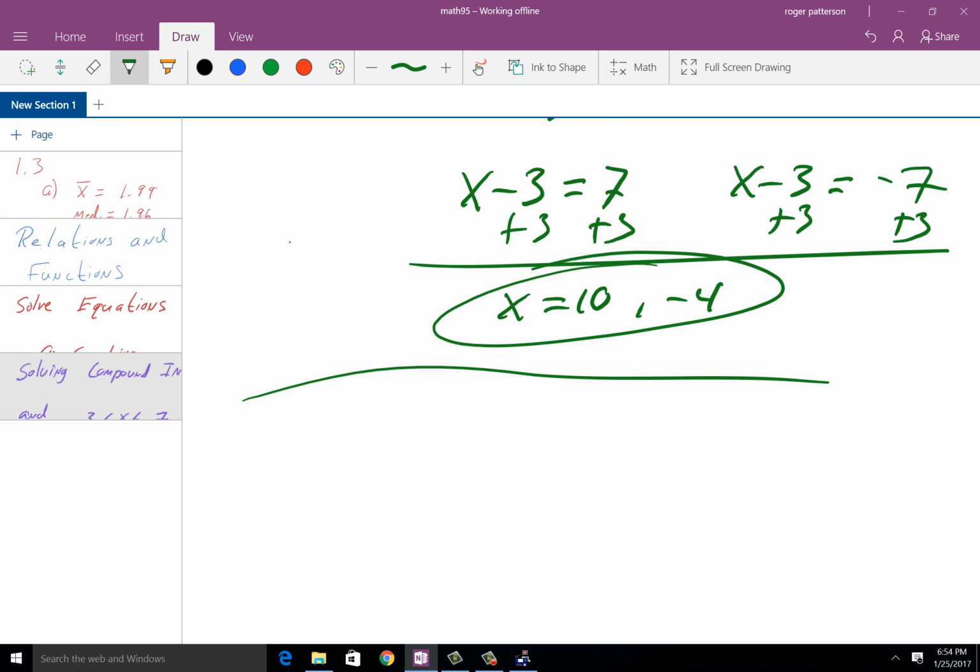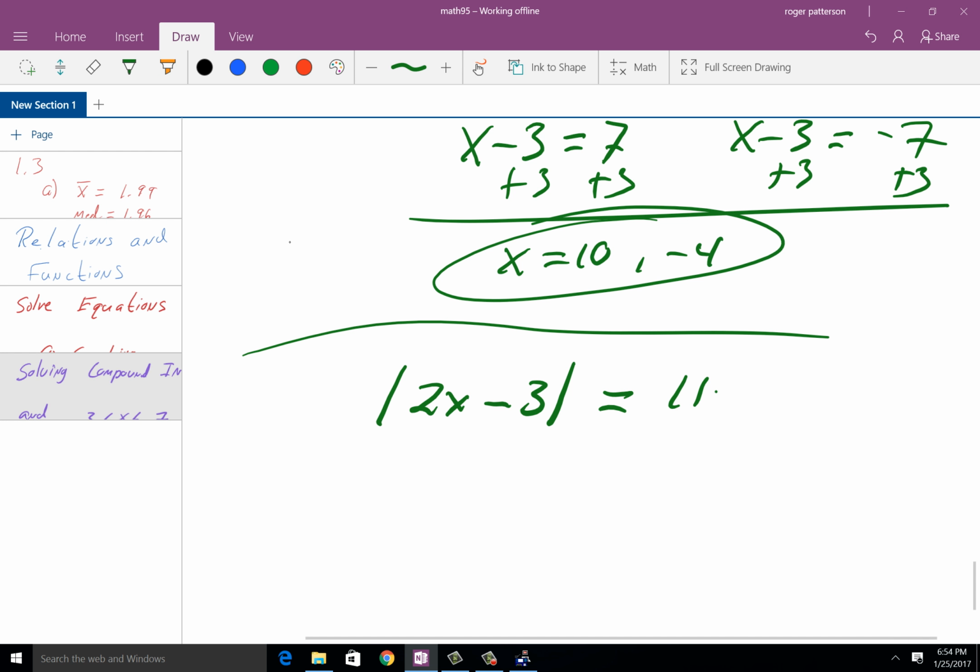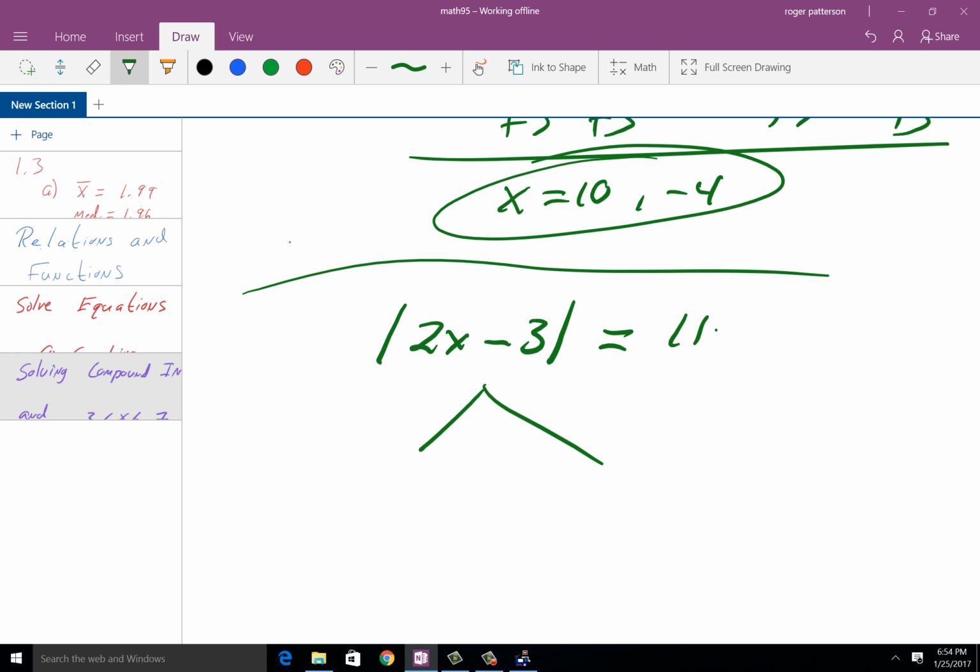Let's try a couple more before we do a break here. So let's go absolute value 2x minus 3 equal to, if I choose 10, it's not going to be very nice, 11. All right? So symbolically, what's this going to look like? 2x minus 3 would be 11. Oh, actually, minus 3 equals -11.